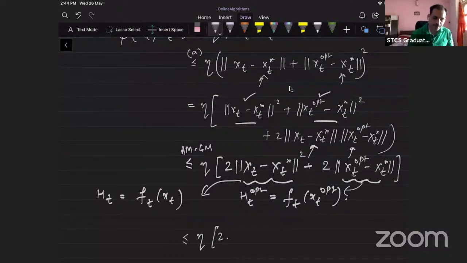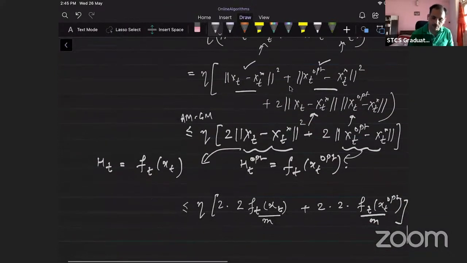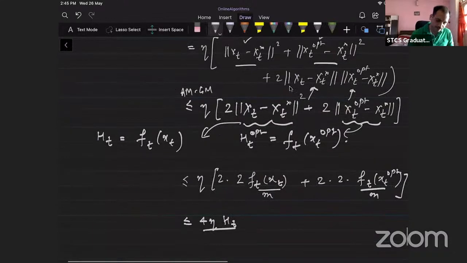What you get is that this is less than or equal to 2 times ft xt by m, and similarly 2 times ft xt opt by m. You can check this from whatever property I wrote down. So this is at most 4 eta ht by m plus 4 eta ht opt by m.